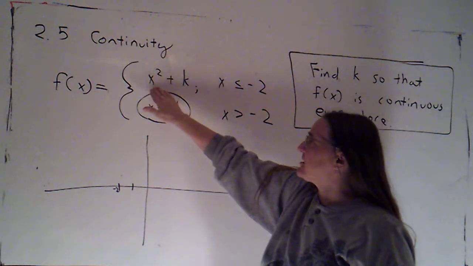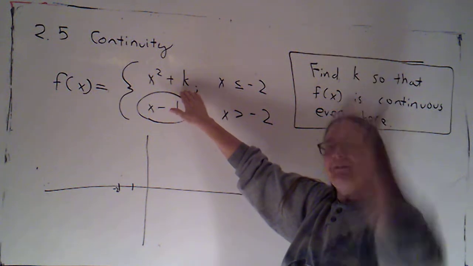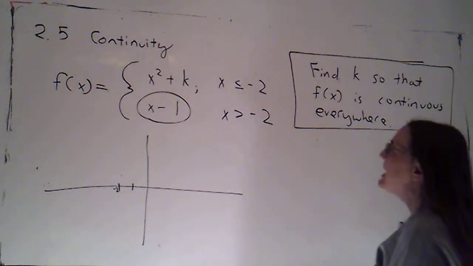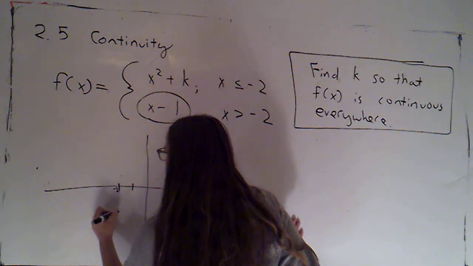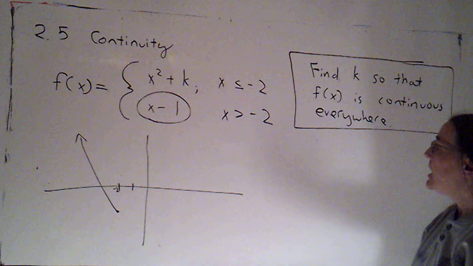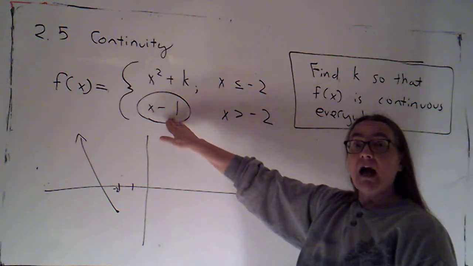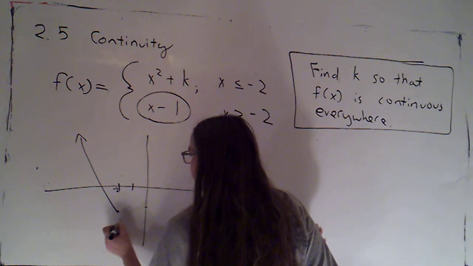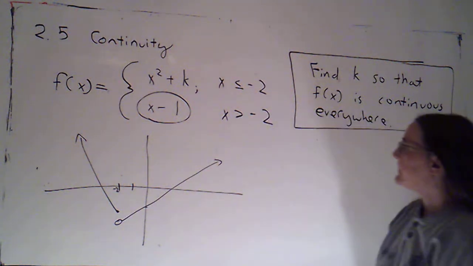This is just my function x squared moved up k if k is positive, and down the absolute value of k if k is negative. So I'm going to have part of a parabola at and to the left of negative 2. To the right of negative 2, I'm going to have a line. In fact, it's going to be the line x minus 1, which I know just has a slope of 1 and a y-intercept of negative 1.